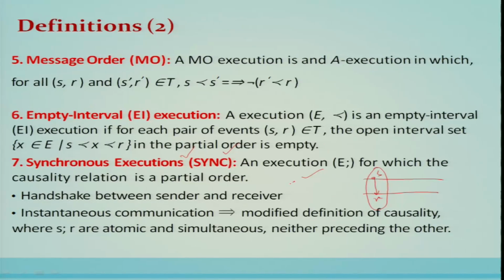That means the sender and the receiver work in synchronization, and whatever the sender is sending, the receiver will be receiving within that synchronization. It is called synchronous ordering. It is also called instantaneous communication, and this is the modified definition of causality.